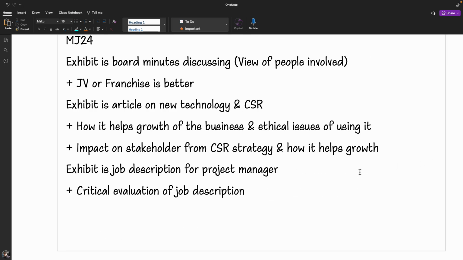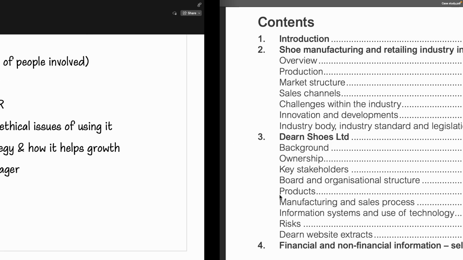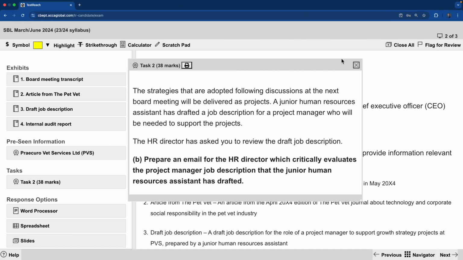Now, when you want to critically evaluate a job description, of course, it's important to know the role of project management and whether all the roles have been taken over, and the roles of the project sponsor and the roles of the project team. You must know these 3 things to answer this question. If you don't know, then you have a knowledge gap, and you might not be able to critically evaluate the job description. Anyhow, you can still critically evaluate the job description and get some marks from your common sense, but it is not so reliable.